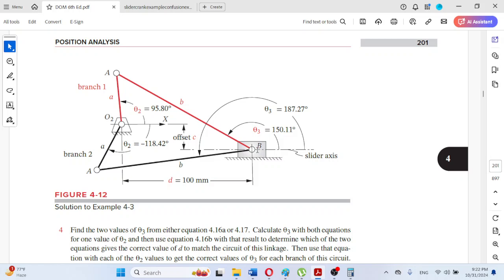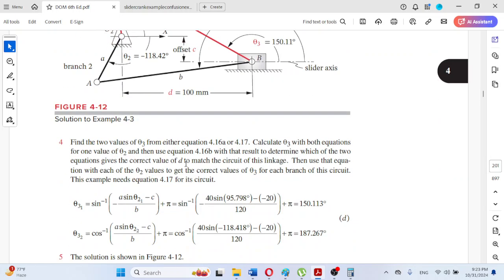The values of theta 2 for the open circuit or for the cross circuit which give theta 3 values locating slider B toward the left orientation will be treated as wrong. So the author wants us to test all the values.